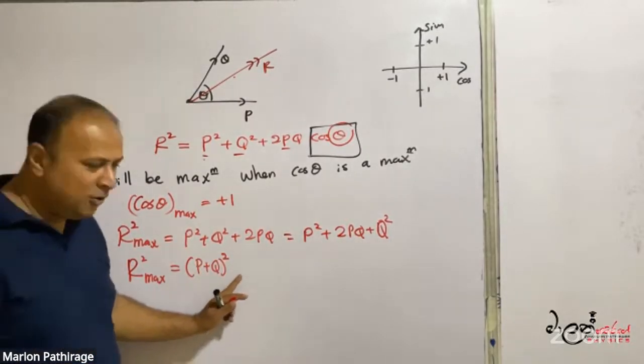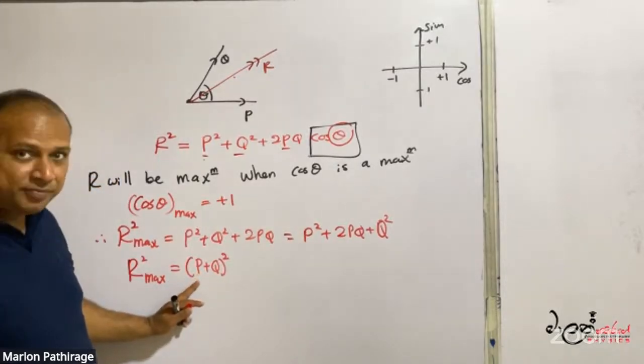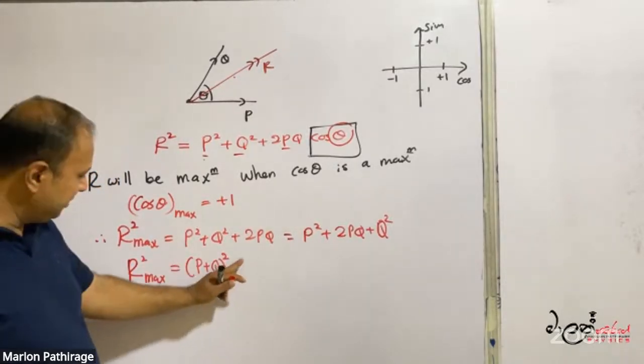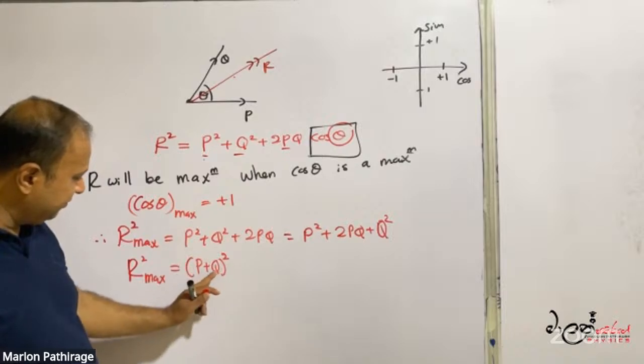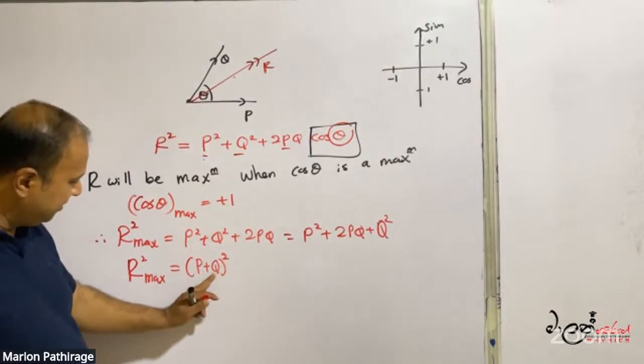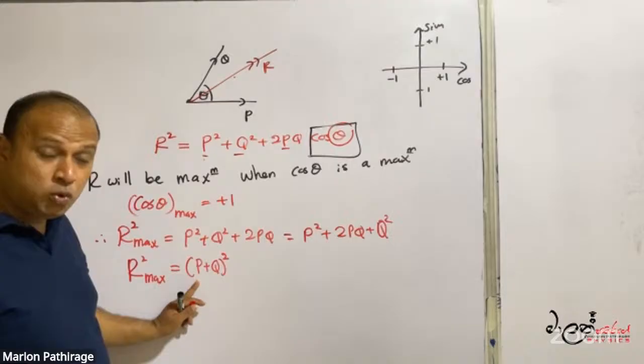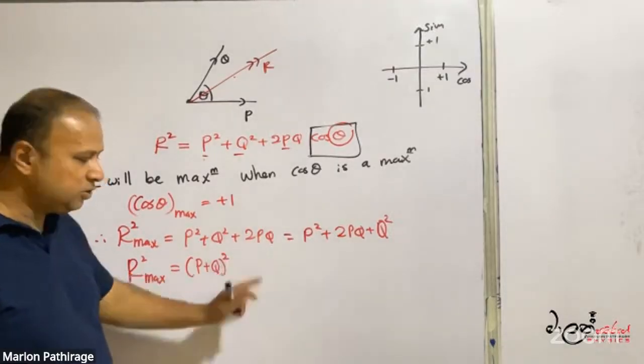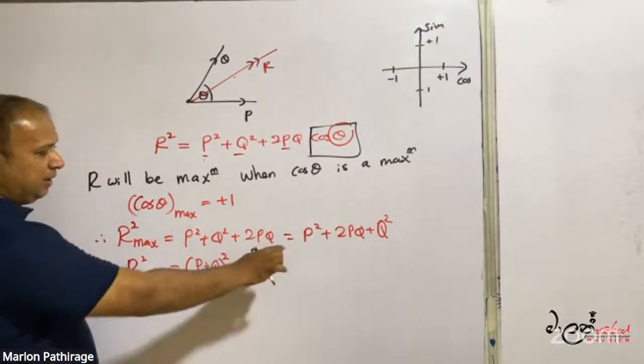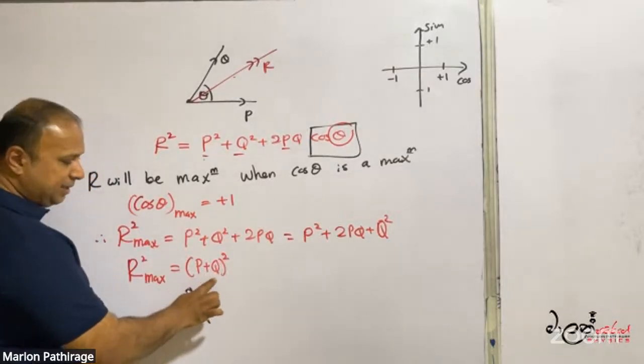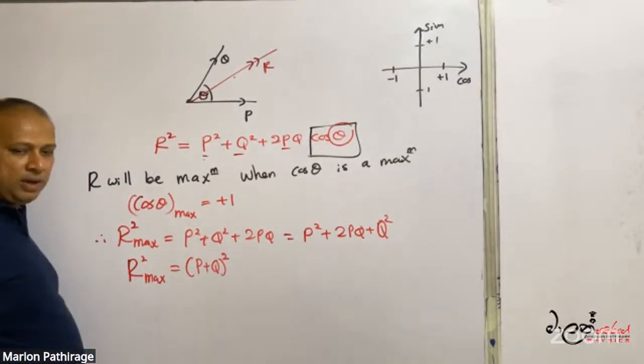So, if you simplify this one, then P squared here, then Q squared here, then 2 times multiplication of these two. Therefore, this value is equal P plus Q whole square.